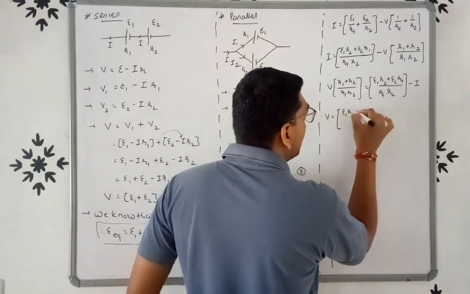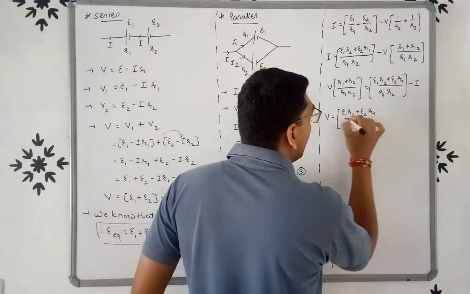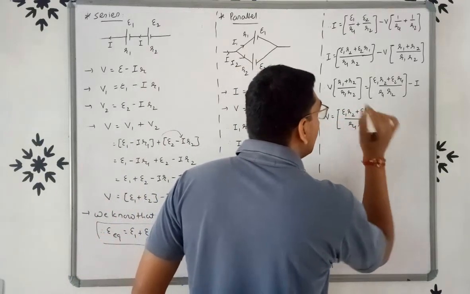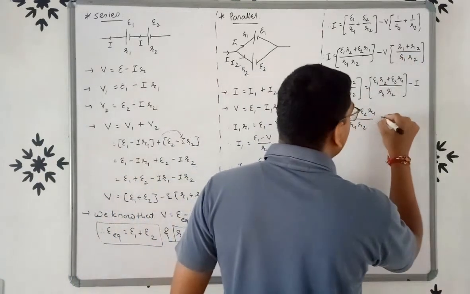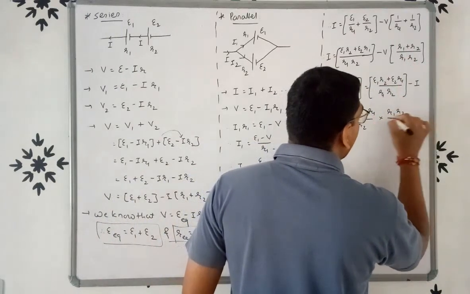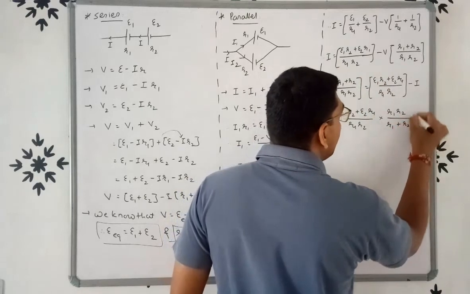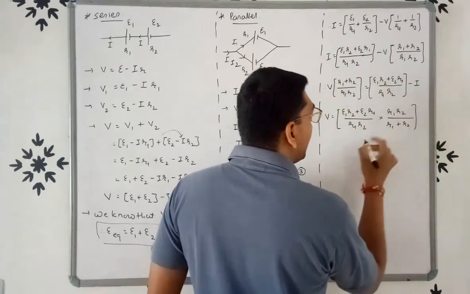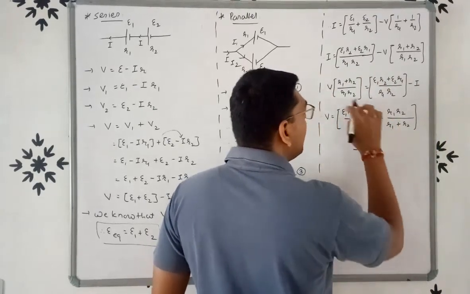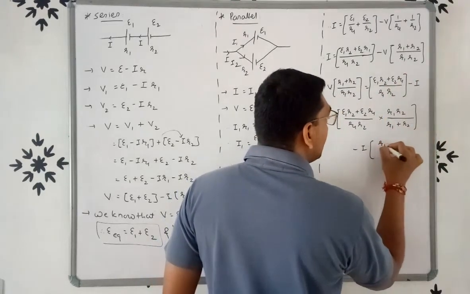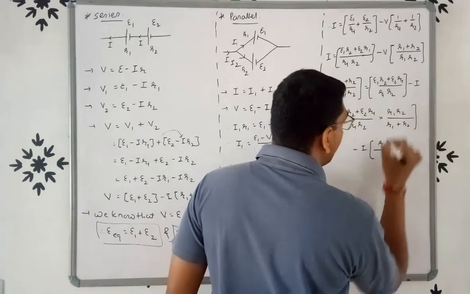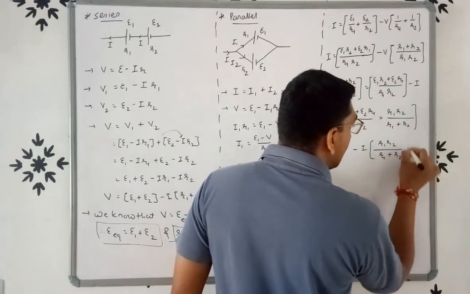E1 R2 plus E2 R1 upon R1 R2. Here R1 R2 goes to multiply and R1 plus R2 goes in the denominator. Minus I. Here we have to multiply this I with R1 R2 and divide by R1 plus R2.